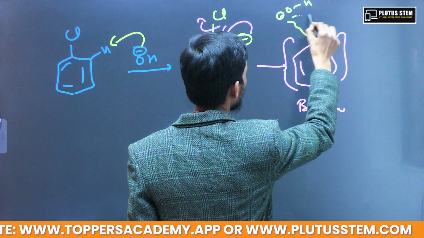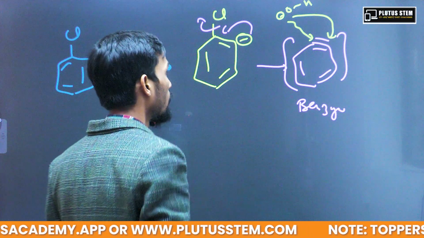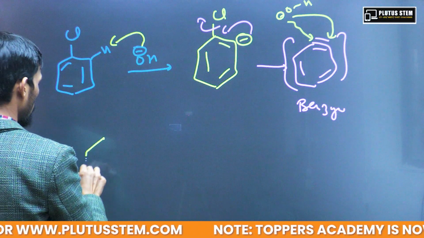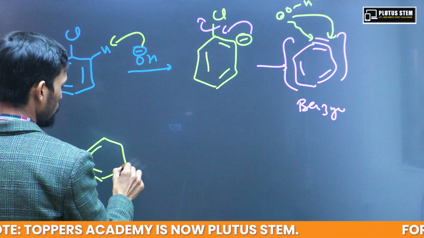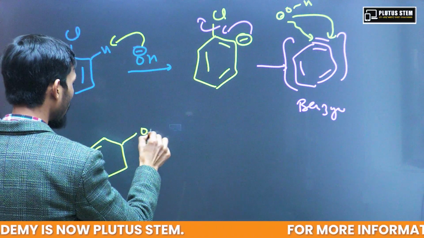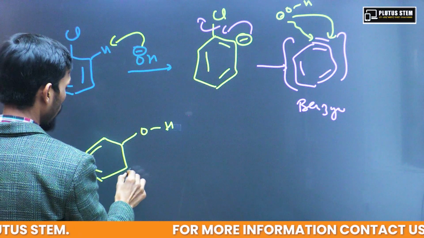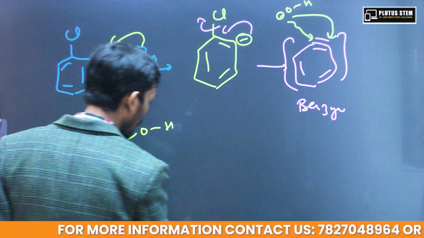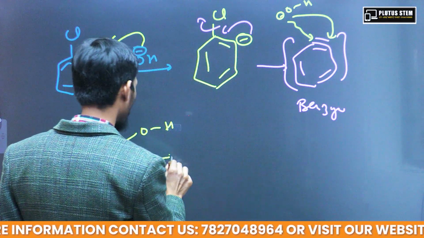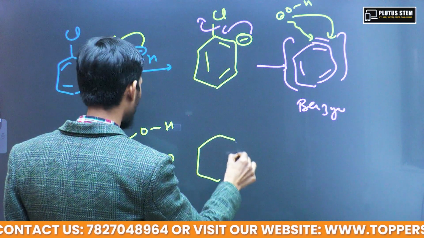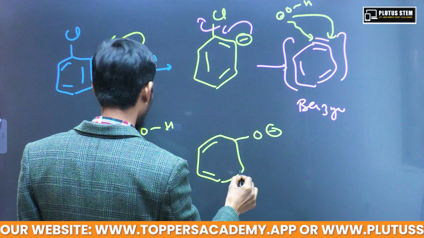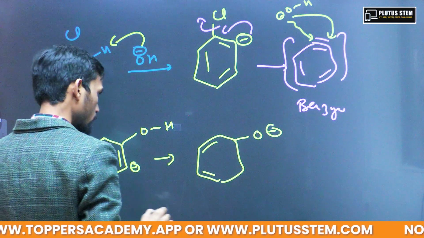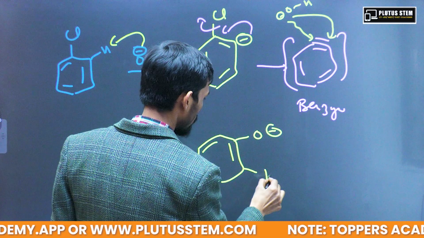Either it can attack from this side or from this side. If OH negative attaches here and there is a negative charge on carbon, which is more unstable, it will abstract a proton from here.